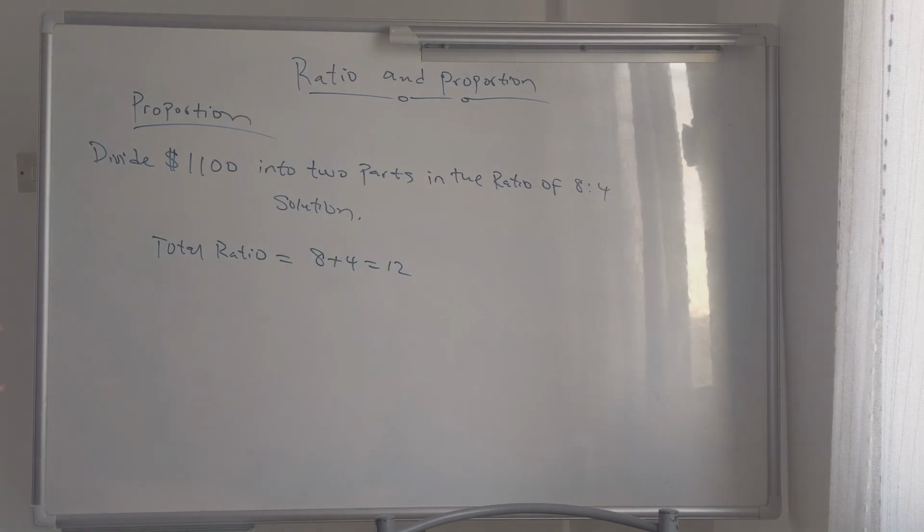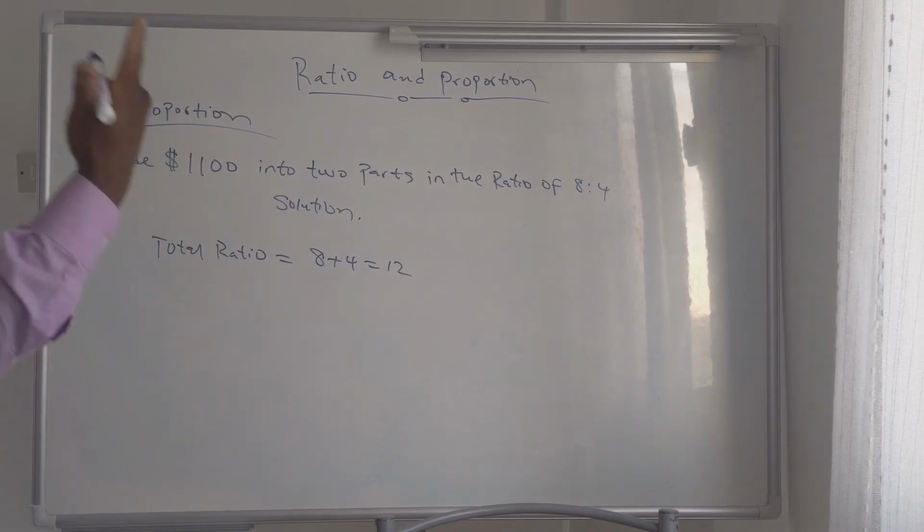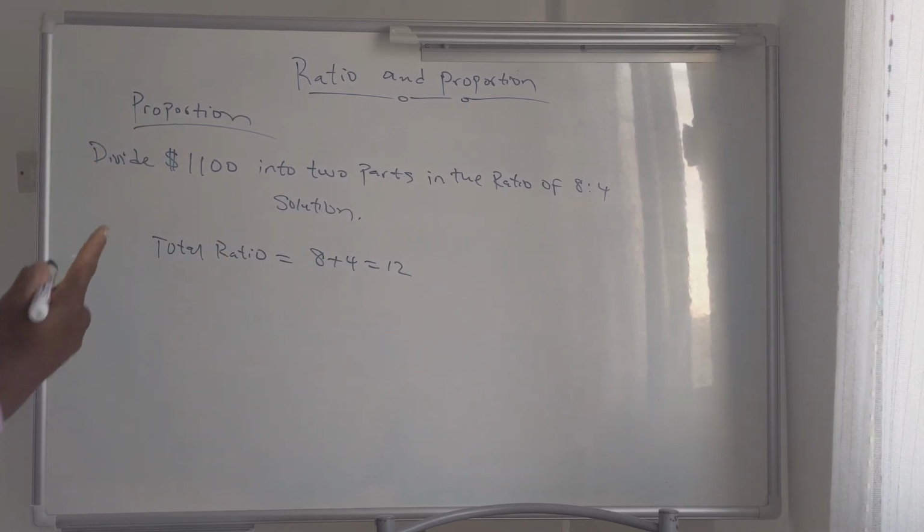Once you find the total ratio, we can now find the amount per ratio, the amount for one ratio.